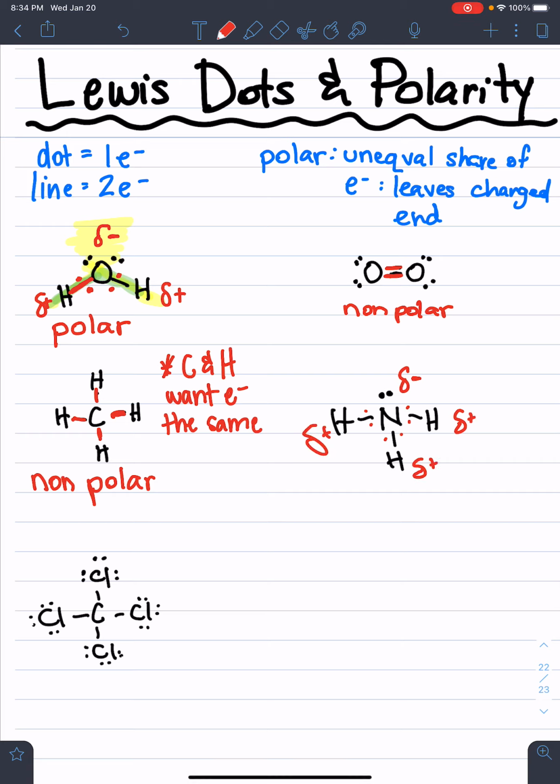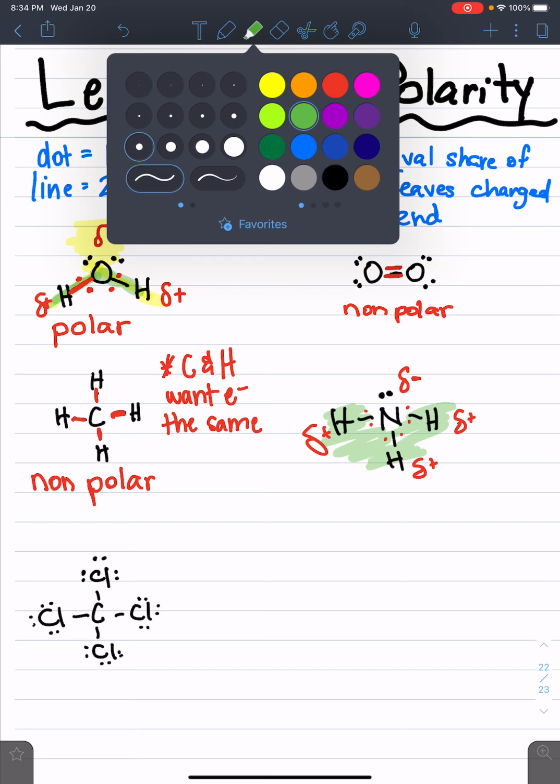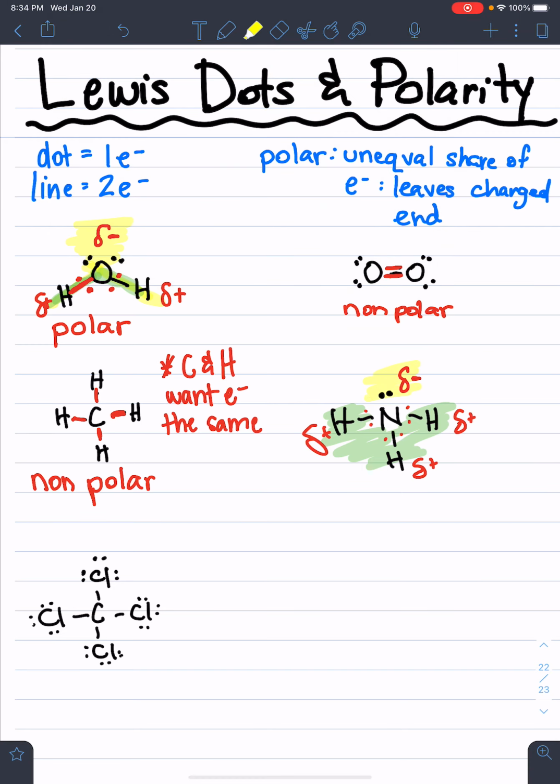So if we get our highlighting again, and we use our green to show where the positives are, we have positives on this side of our molecule, and then we use our yellow to show where our negatives are. This part of the molecule is negative. You'll see that we have a positive end and a negative end. And so this is going to be polar.